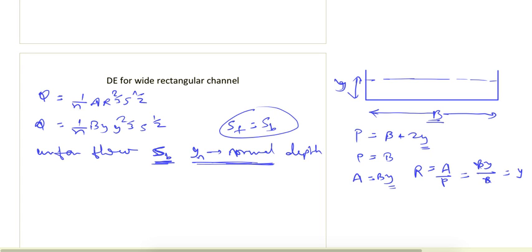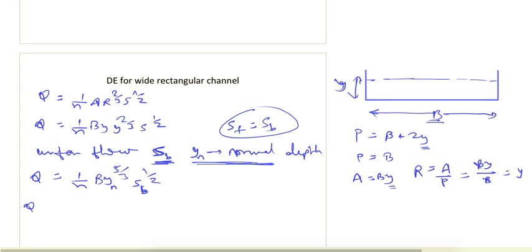We know that in any channel of a given shape and slope, there will be only one depth at which the uniform flow will occur, and that depth we denote as normal depth. So the discharge now we can write as Q equals 1 by n b yn to the power 5 by 3 and for S we represent Sb.